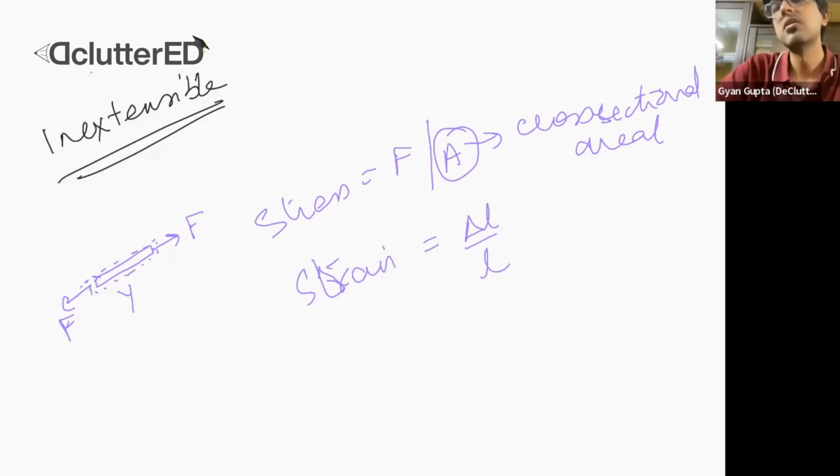How does this translate into an ideal string? We assume that the length of an ideal string, which was the initial length L naught, is constant.